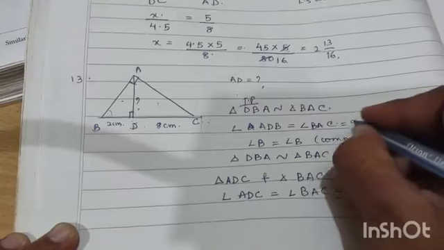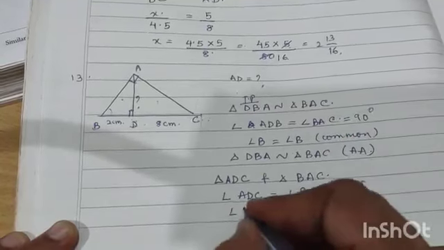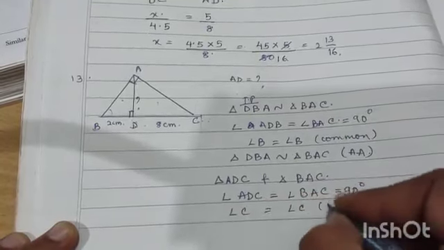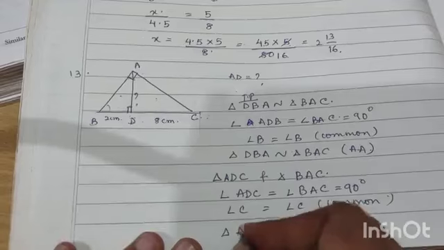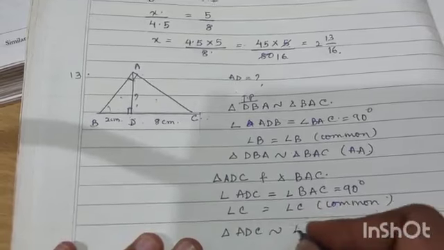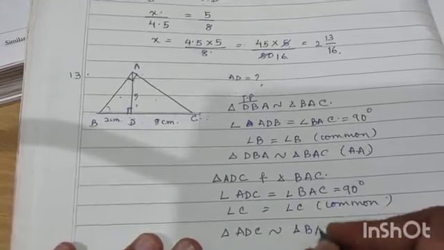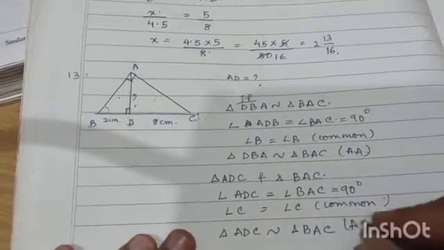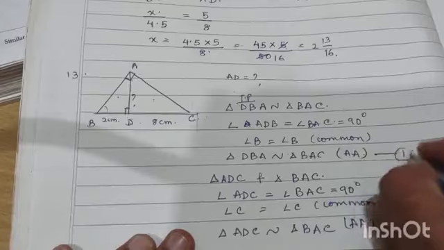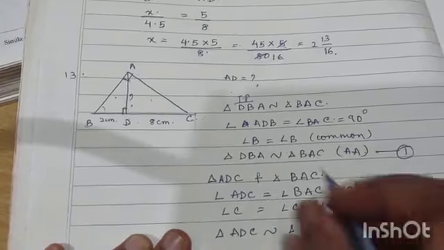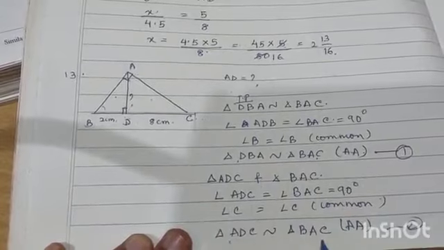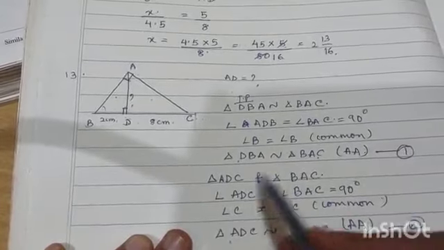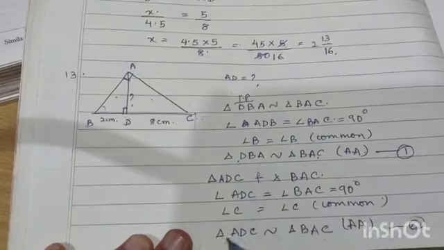Here also this was 90 degree, and angle C is equal to angle C common. So we got triangle ADC similar to triangle BAC by AA property. So relating 1 and 2, this triangle is similar to BAC, this triangle is also similar to BAC. So from 1 and 2 we conclude triangle DBA is similar to ADC.